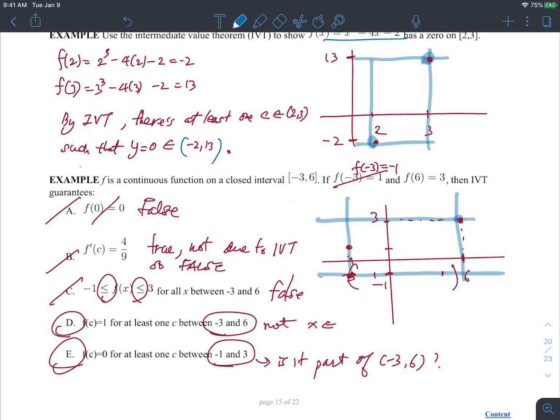Basically, the IVT does not guarantee that at 0 there'll be a 0. All it says is that there'll be some value between negative 3 and 6 that will be equal to 0. So that's false, and that's not IVT at all. B is true, though, but not because it's IVT. This is actually something else, okay?